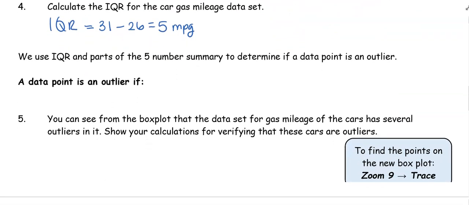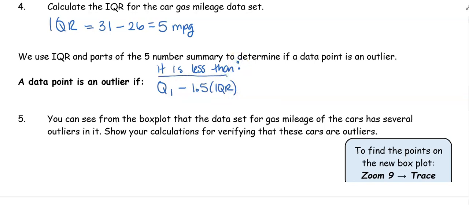So we use the IQR and parts of the 5-number summary to determine if a data point is an outlier or not. We are going to first check to see if it's too low, if it's too small for our data set. And to do that, we're checking to see if it is less than Q1 minus 1.5 times the IQR value.